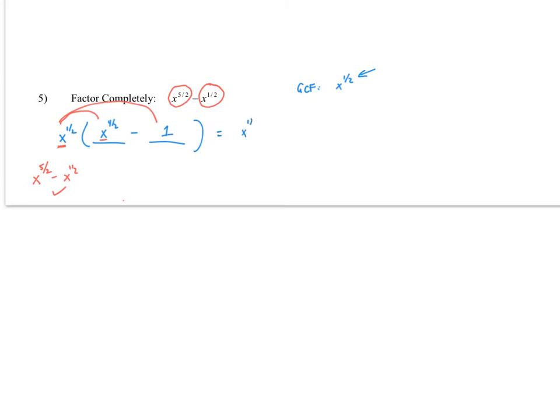We have x to the 1/2 times x squared minus 1. Alright, x to the 1/2 is the square root of x, and x squared minus 1 can be factored further into x plus 1, x minus 1. Remember that the directions say to rewrite without fractional exponents.